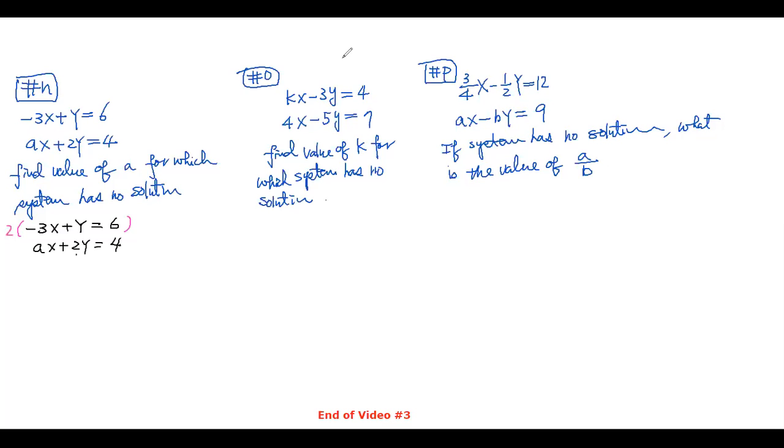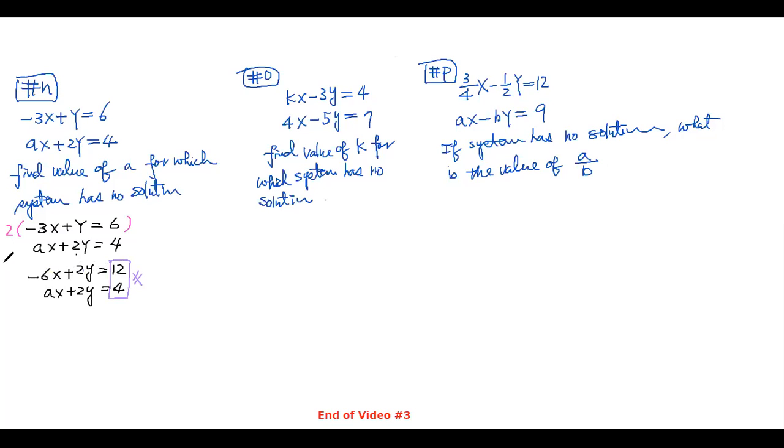So if you times 2, this is negative 6x plus 2y equal to 12. And this is ax plus 2y equal to 4. And then in here you say, okay, this is good. C1 is not equal to C2, right? They are not equal. So this is a proportion. So this is 2y.